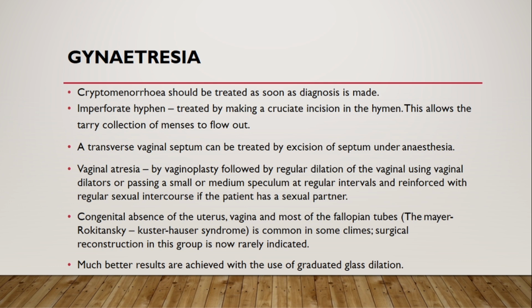Congenital absence of the uterus, vagina, and most of the fallopian tubes, the syndrome called the Mayer-Rokitansky-Küster-Hauser syndrome, is common in some climes. It's common in the European areas, but we do not have much experience in Nigeria. Surgical reconstruction in this group is rarely indicated.